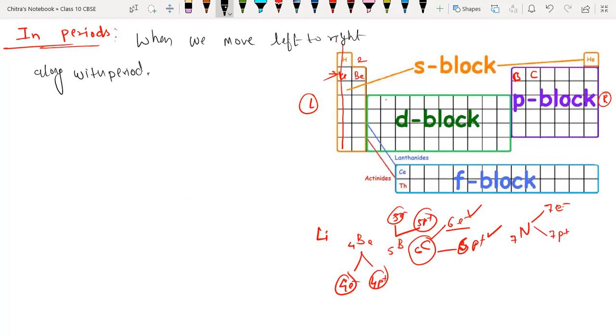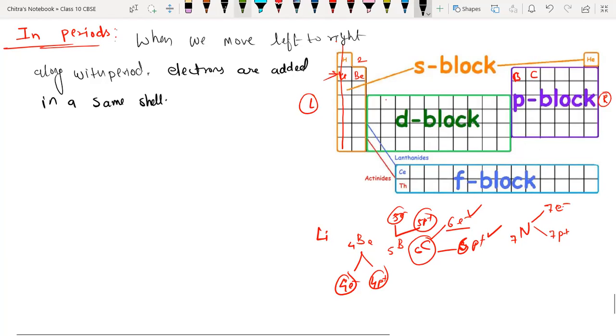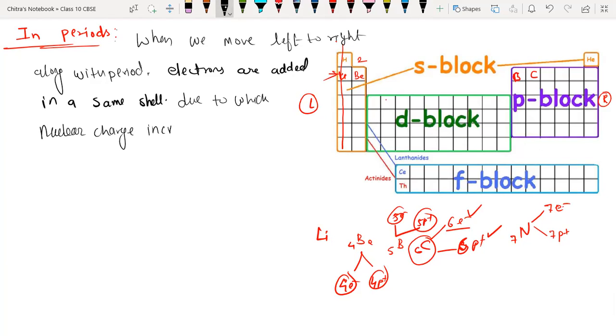Electrons are added in the same shell, due to which nuclear charge increases.